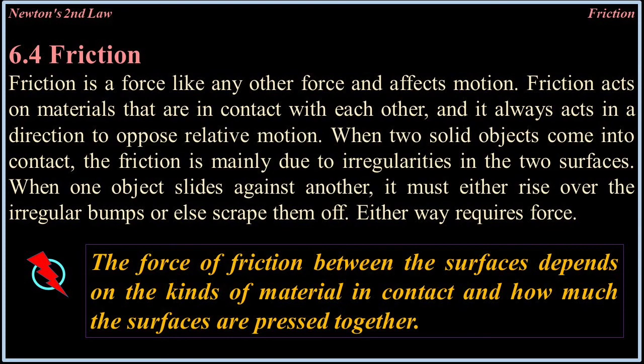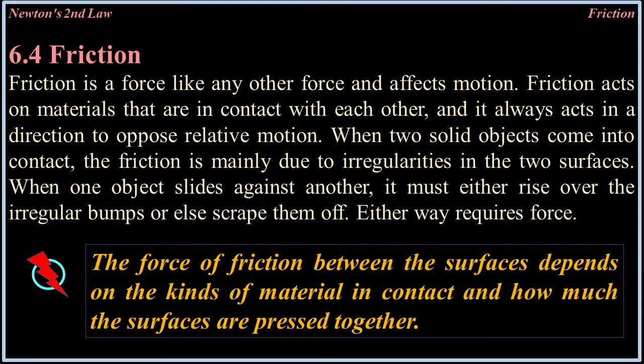6.4, friction. Friction is a force like any other force and affects motion. Friction acts on materials that are in contact with each other, and it always acts in a direction to oppose relative motion. When two solid objects come into contact, the friction is mainly due to irregularities in the two surfaces.